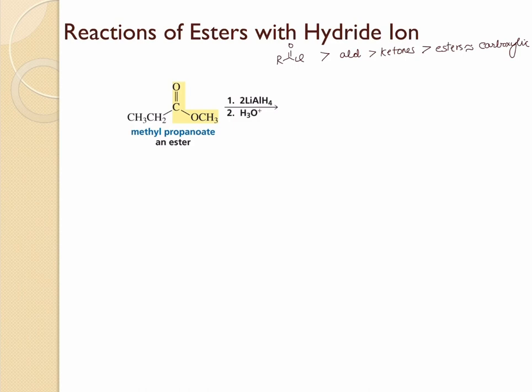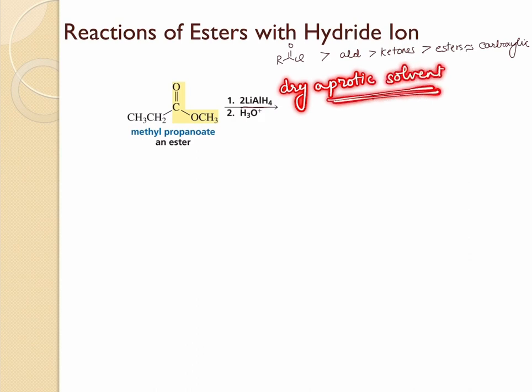Lithium aluminum hydride is a very powerful reducing agent, and when you compare it with sodium borohydride, obviously it is not as safe, because it is going to react violently with protic solvents, and that is one of the reasons you always use dry aprotic solvents when you use lithium aluminum hydride.